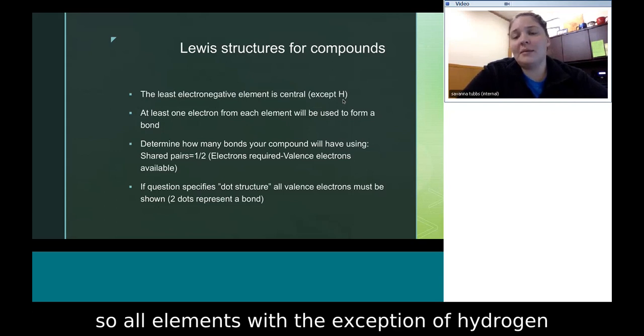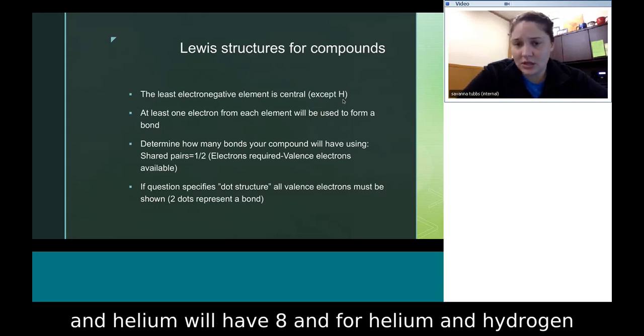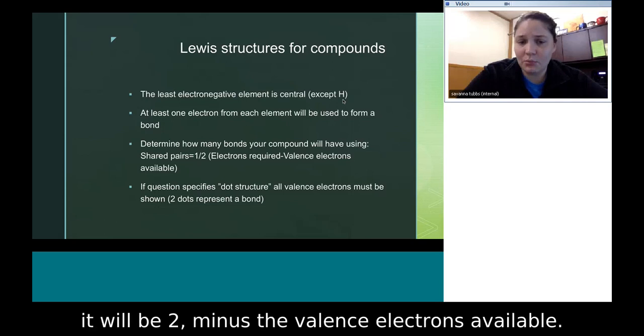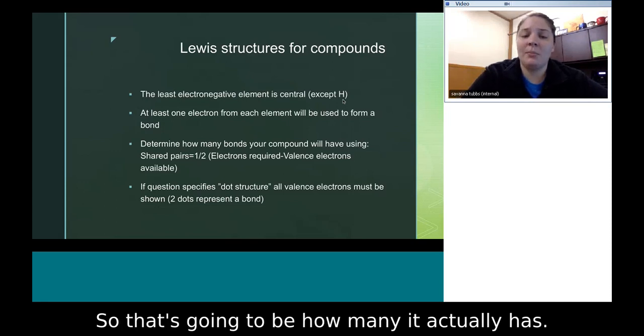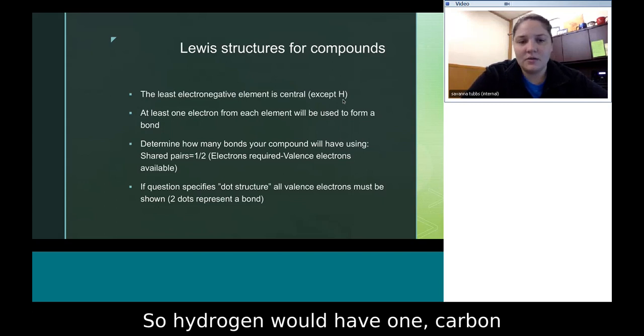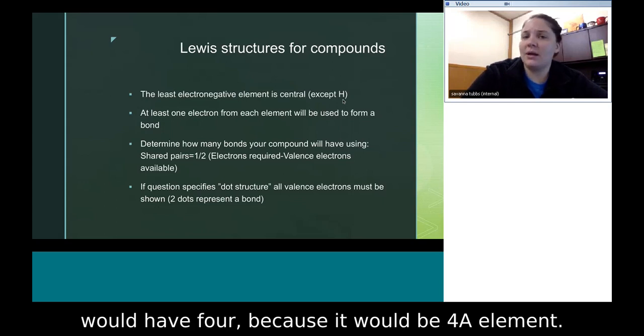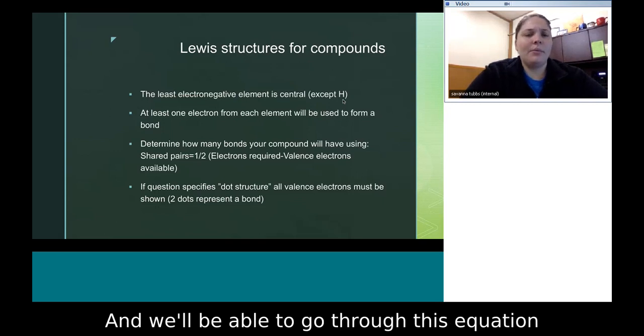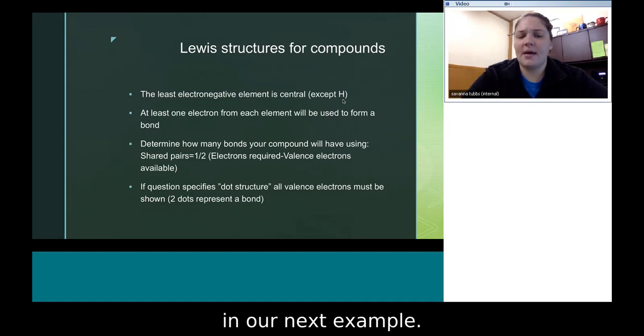So all elements with the exception of hydrogen and helium will have 8, and for helium and hydrogen it will be 2, minus the valence electrons available. So that's going to be how many it actually has. So hydrogen would have 1, carbon would have 4 because it's a group 4A element. And we'll be able to go through this equation in our next example.